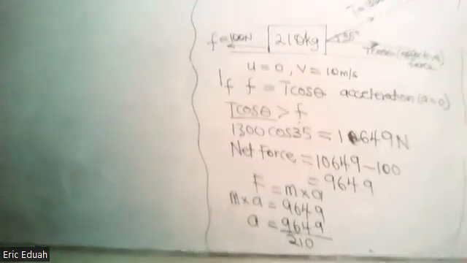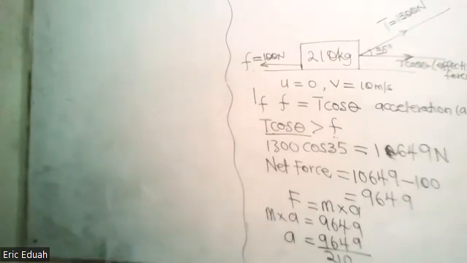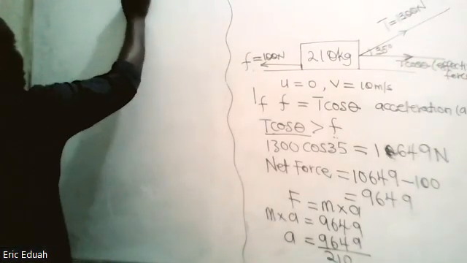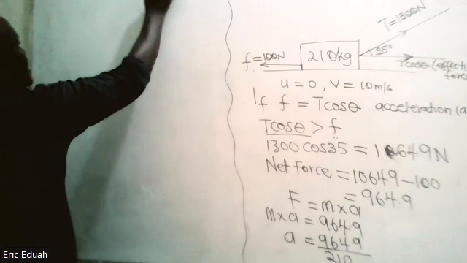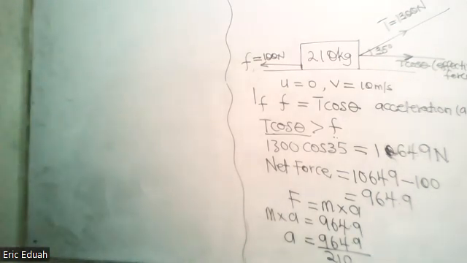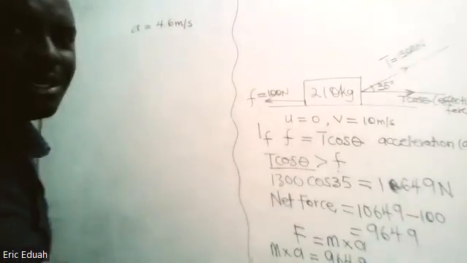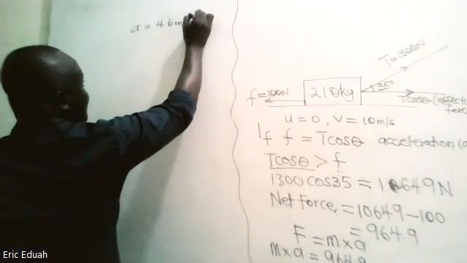So calculate the acceleration of the body for me. 4.6 meter per second squared. I'll beat you when you get the unit wrong. Good.